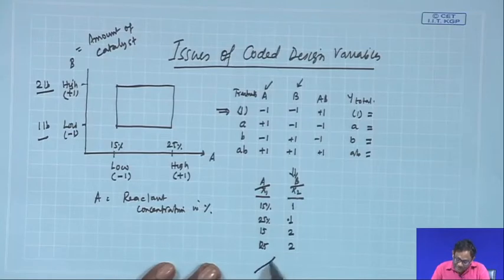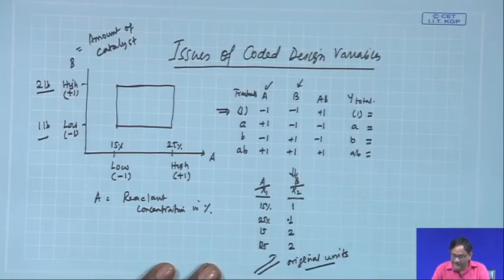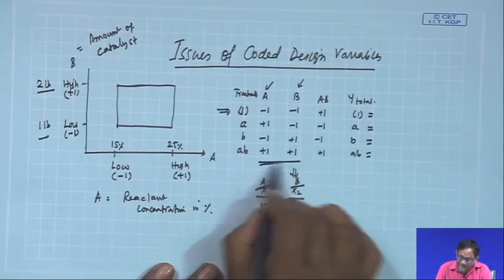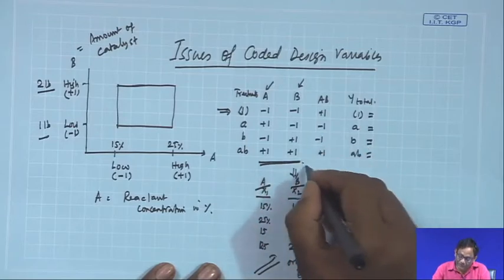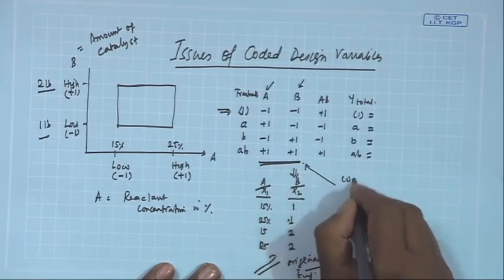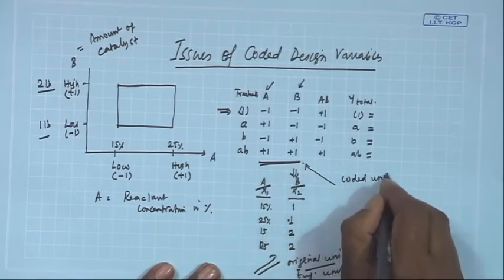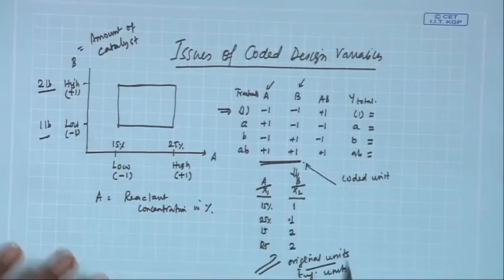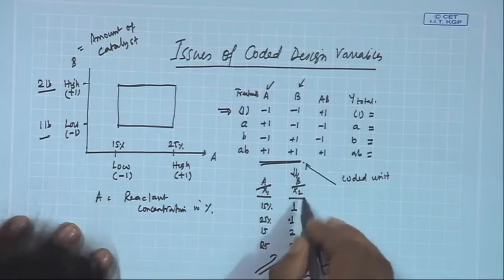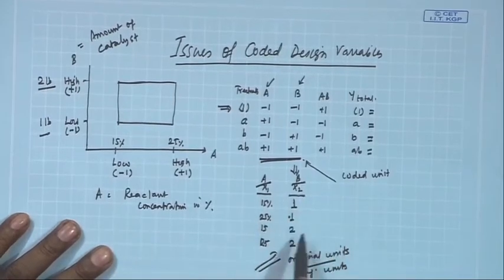So, this is the original value, or in other words original units, or engineering units. But when we define like this, we are converting these engineering units to coded units, -1 and +1, irrespective of what the quantity is.